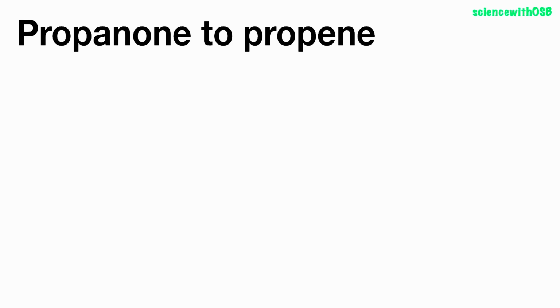Propanone to propene. First, we can draw the structure of the reactant and product. Propanone is a ketone, CH3COCH3, and we are supposed to convert it to propene, CH3CH=CH2. Before writing the answer, try to make a strategy to follow.